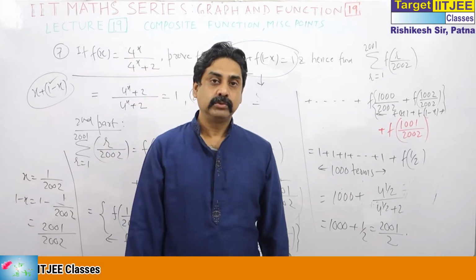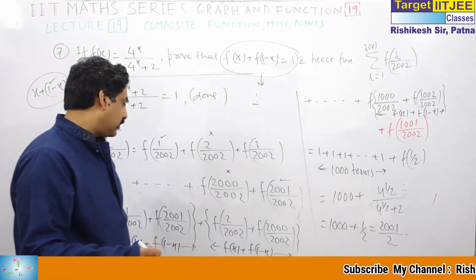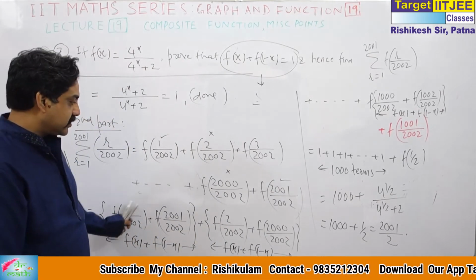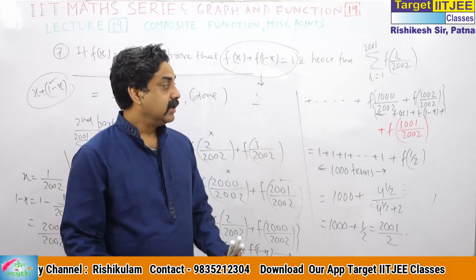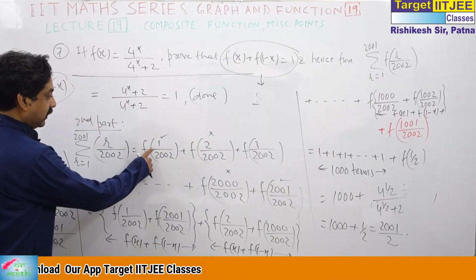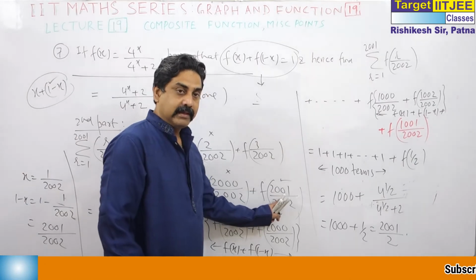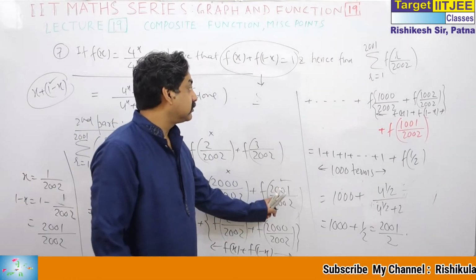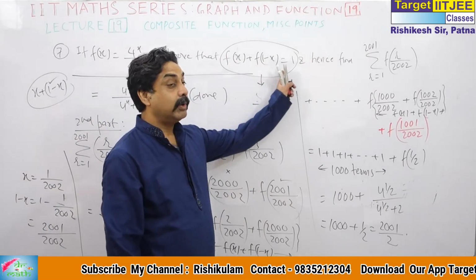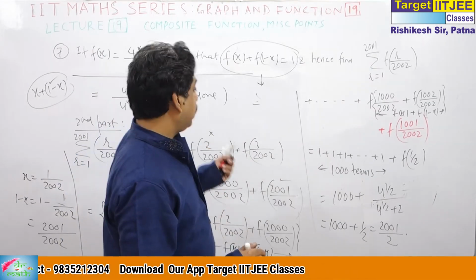But how do we do it? Normally the question is set on the first and last pair. This is the normal way. So if this is not given, take this one as x and express this one in terms of x. When you take this x, this will be 1 minus x, and from here you have to find this relation first and then proceed. That is difficult. So these are typical types of question.